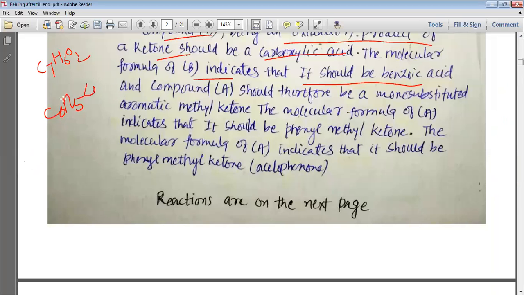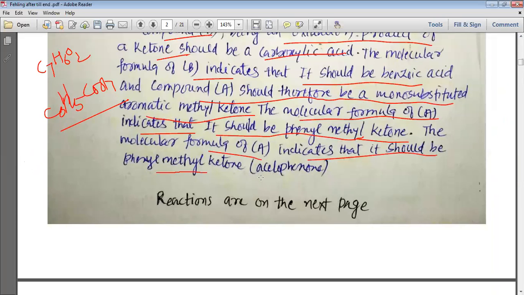But we have already seen that the compound contains a phenyl ring, so it is benzoic acid. So compound A should be a monosubstituted aromatic methyl ketone, and the molecular formula of A indicates that it should be phenyl methyl ketone, also known as acetophenone.